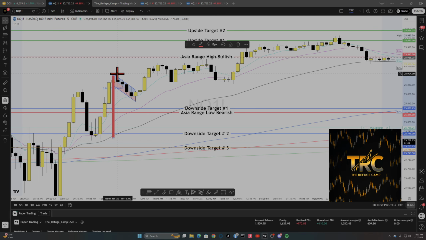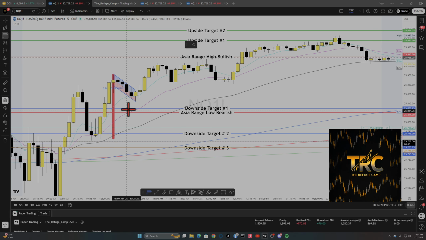Okay. A flag pattern has an expected behavior. No more than 3 to 5 candles and no more than a 50% retracement of that entire pole. Okay? And if you can't visually identify that, this is where a Fibonacci tool comes in very handy.